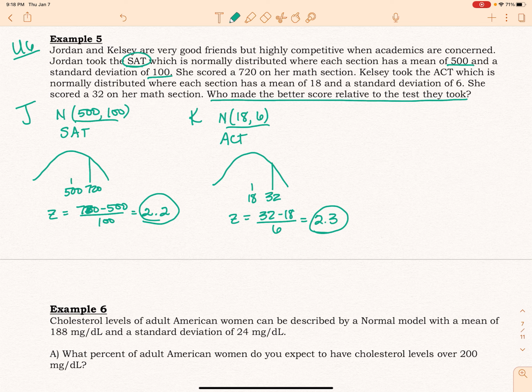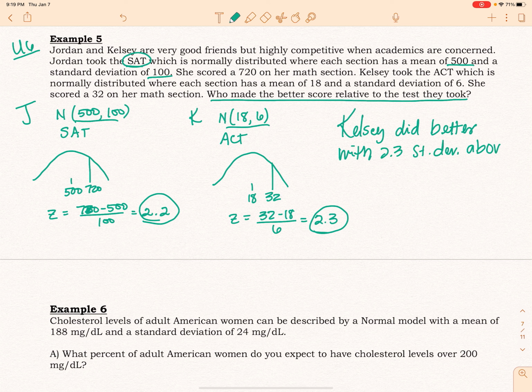So I don't forget to answer the question, that is key here. So the question is, Kelsey did better with 2.3 standard deviations above the mean compared to Jordan's 2.2 standard deviations above the mean.